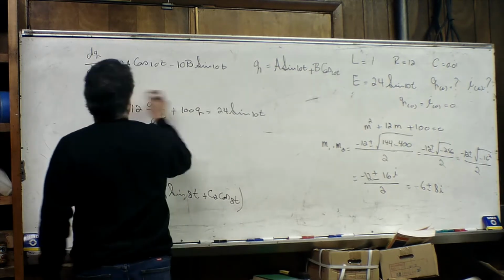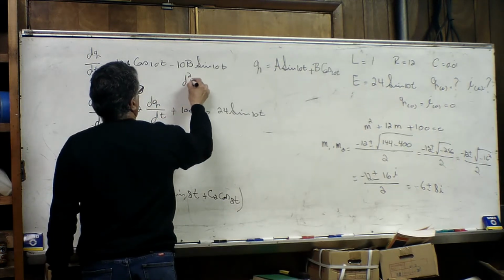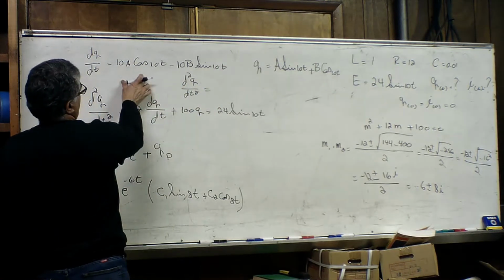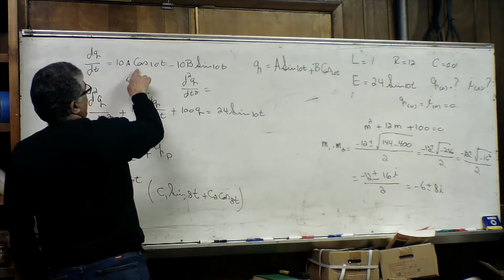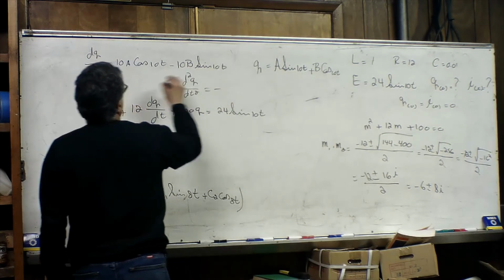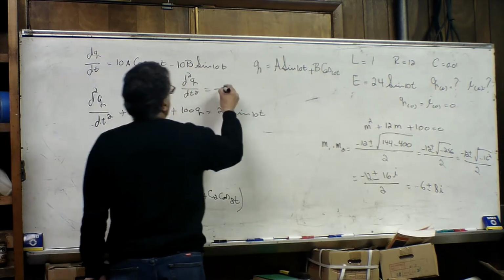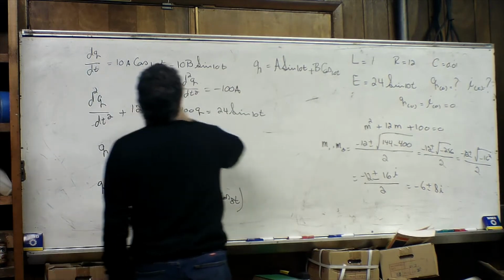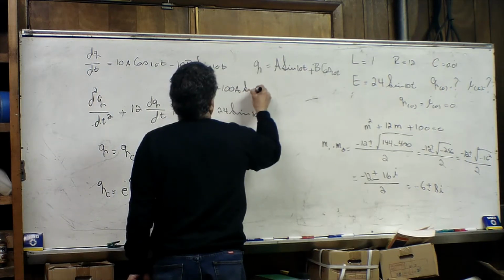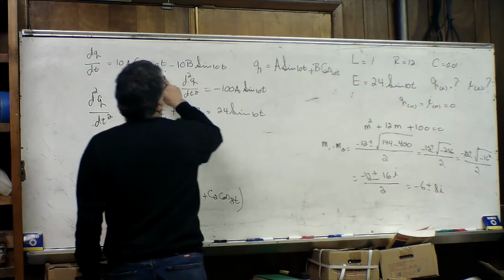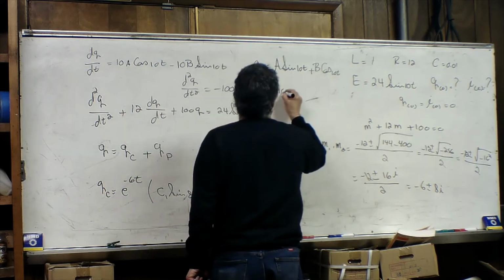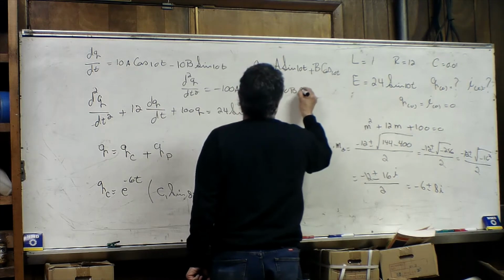And our second derivative will be, derivative of cosine is minus sine, so minus 10 times 10 is minus 100a sine of 10t, and minus 100b cosine of 10t.